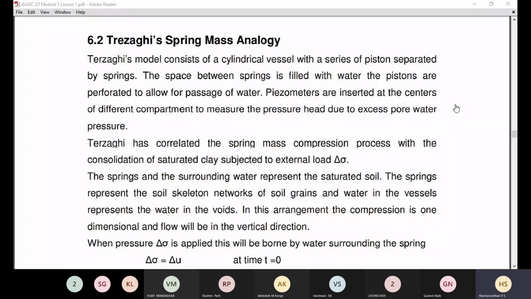Okay, we'll continue yesterday's lesson. That is lesson number one of module number 5. In this module, we are dealing with consolidation of soils.